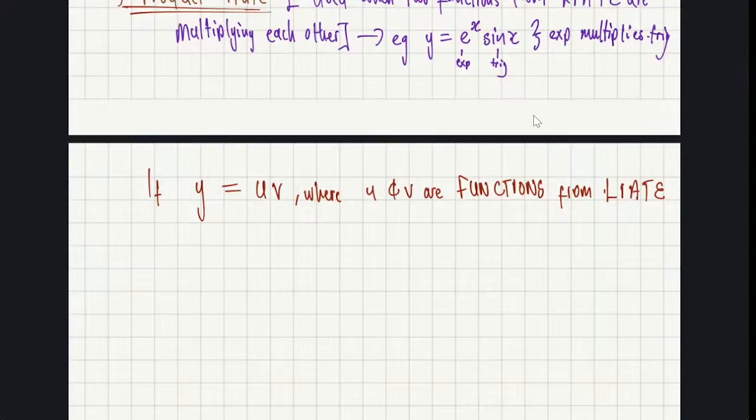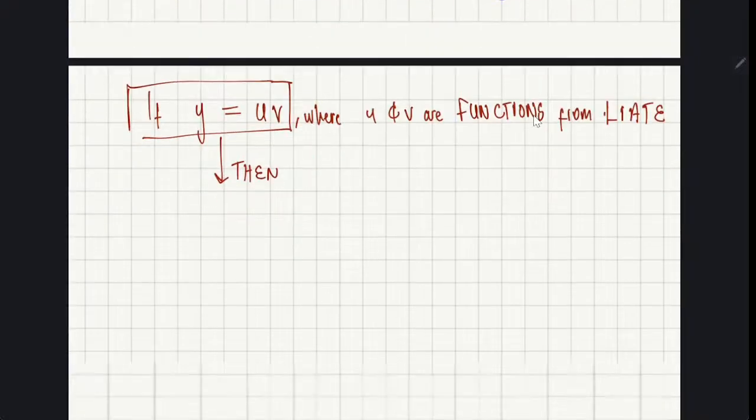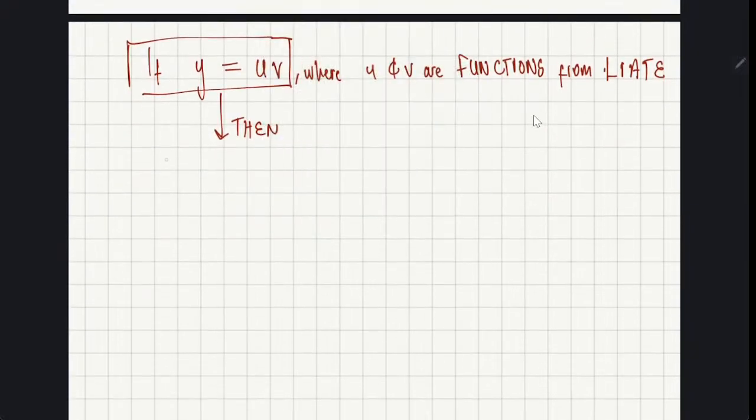This is the product rule now. If y is equal to uv, then product rule is teaching you how to differentiate this. Then dy dx will be equal to, you bring the second function, v, you multiply by derivative of the first, u prime, plus you bring the first, then multiply by derivative of the second.